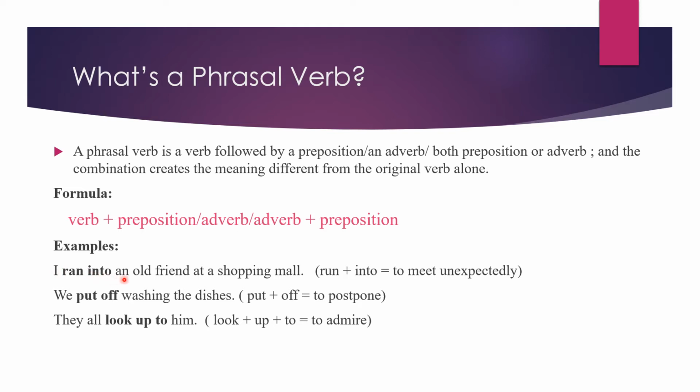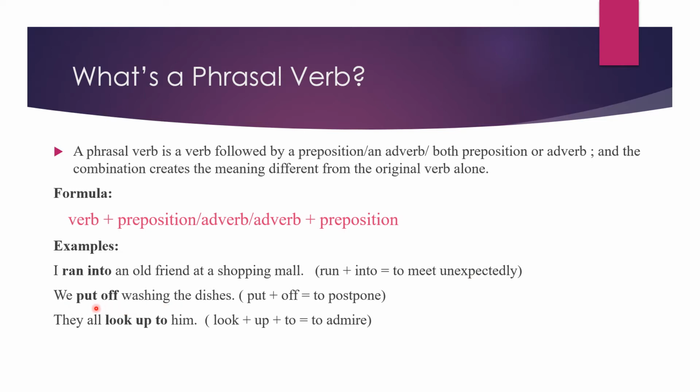I ran into an old friend at a shopping mall. Over here the phrasal verb is ran into, and you can see this verb is followed by a preposition, and this phrase means to meet someone unexpectedly. Next one is: we put off washing the dishes.